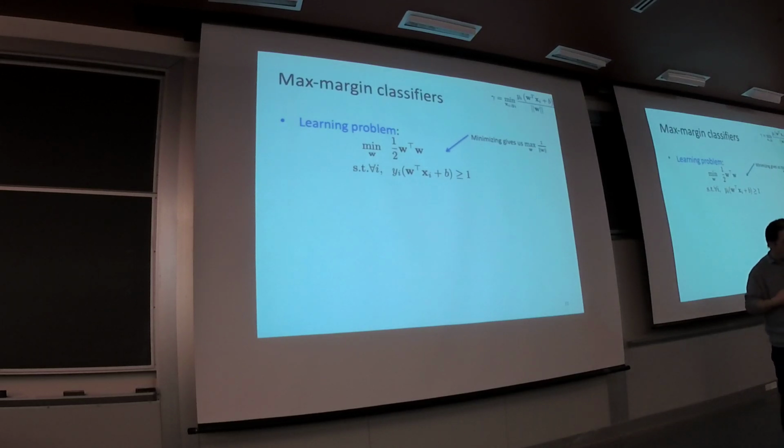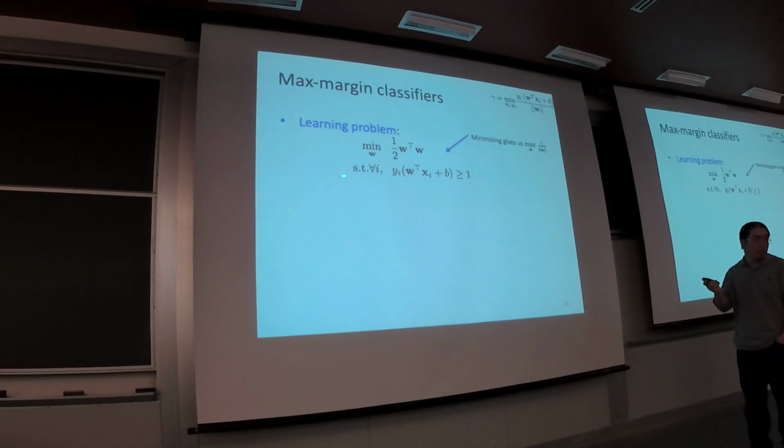Then to reflect our intentional restriction that the smallest function margin is 1, we put a set of constraints here. We will require that for any training example (xi, yi), the function margin must be at least 1.